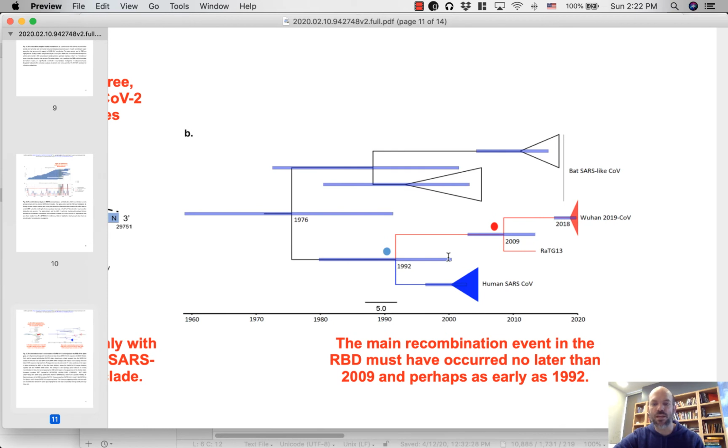And the new thing that they have done here is then they plotted these recombination events and mutations along a timeline.